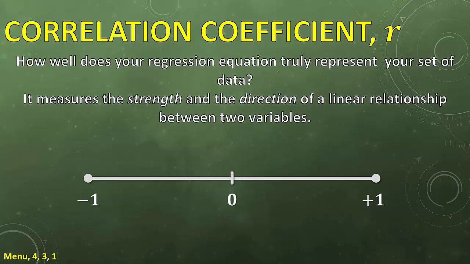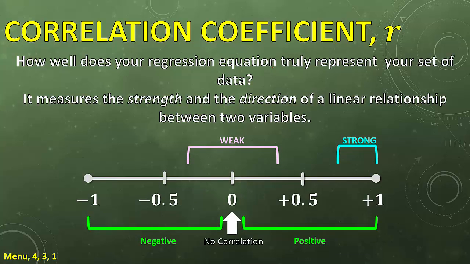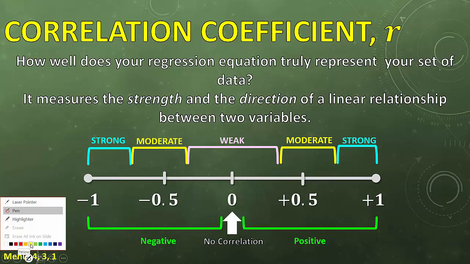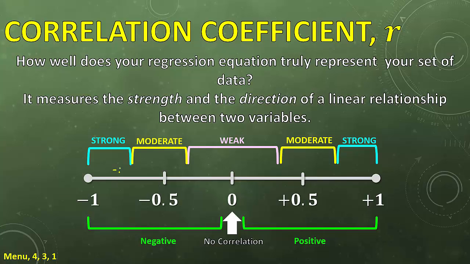All right, as far as the correlation coefficient, we've gone through before what the strength means, but again, now we're adding in moderate. So strong, I would say, would be somewhere around, if it was on the negative end, let's say 0.75 or negative 0.75, to negative 0.8.